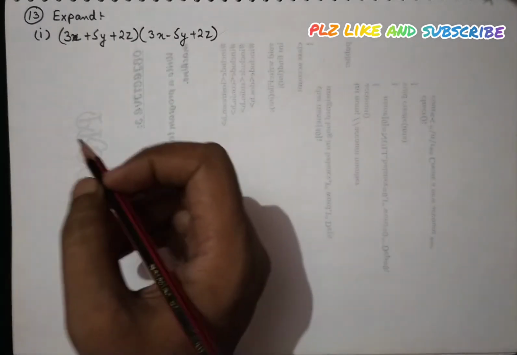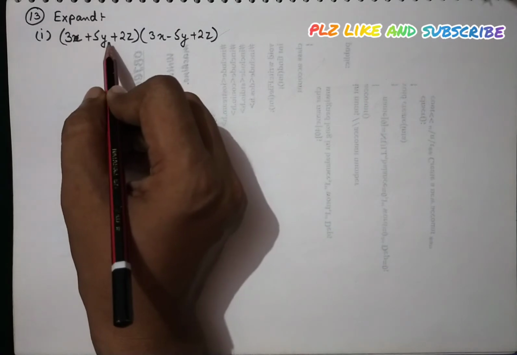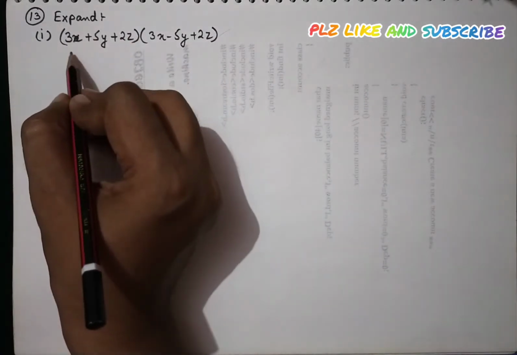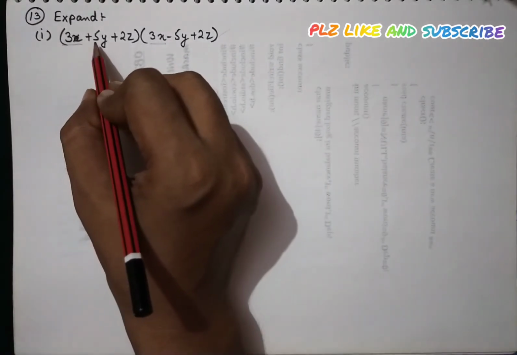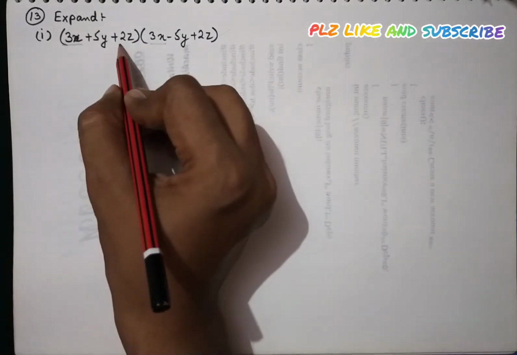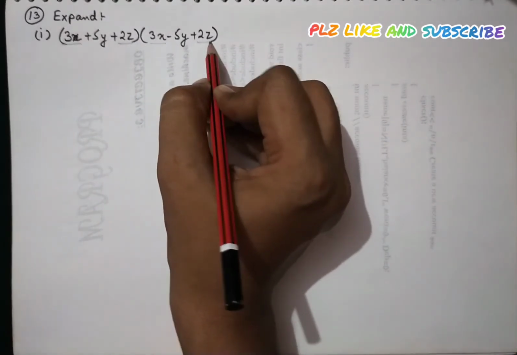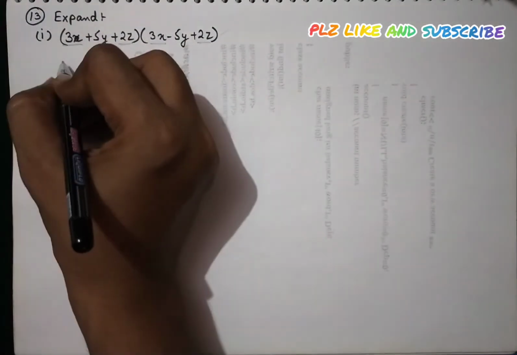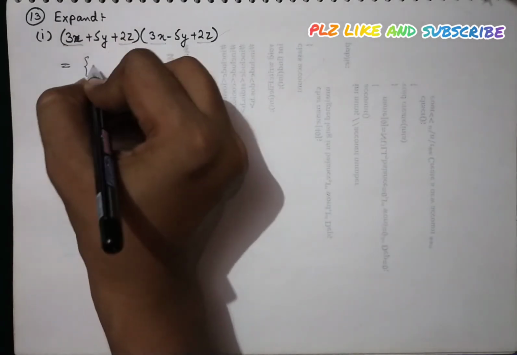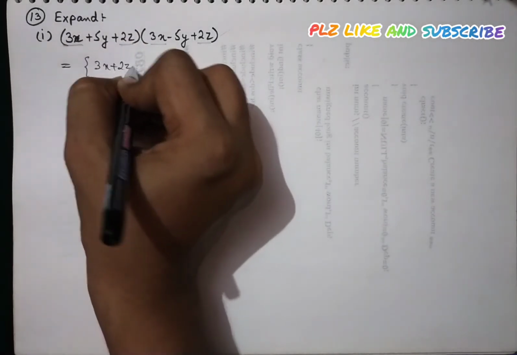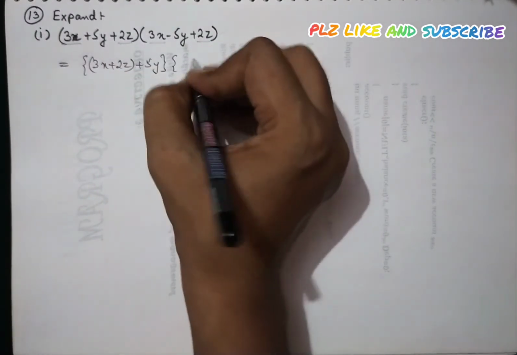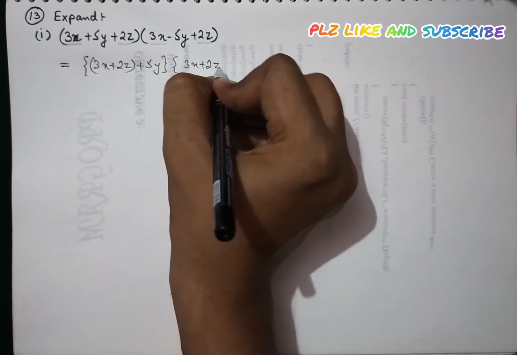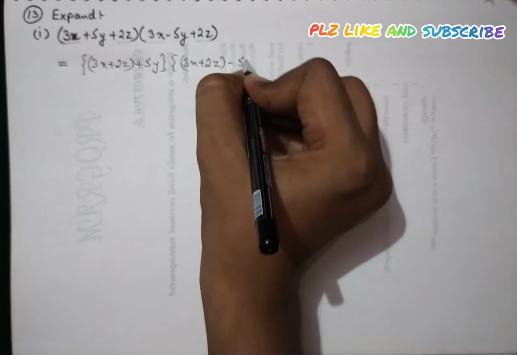Here if we look at it, we are having 3x, 5y and 2z. So 3x is positive in this bracket and in this bracket also, whereas 5y is positive here and negative there, whereas 2z is again positive in both of them. So we can write these two terms of both brackets together, like as 3x plus 2z plus 5y and 3x plus 2z minus 5y.